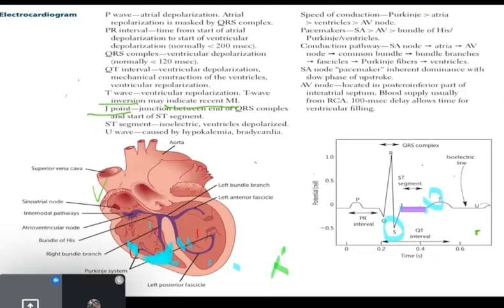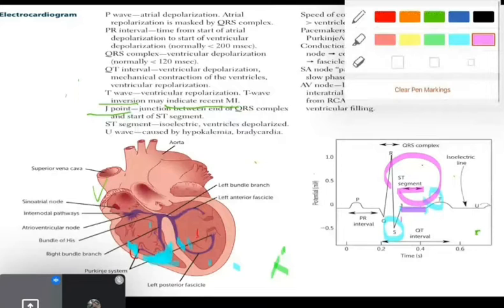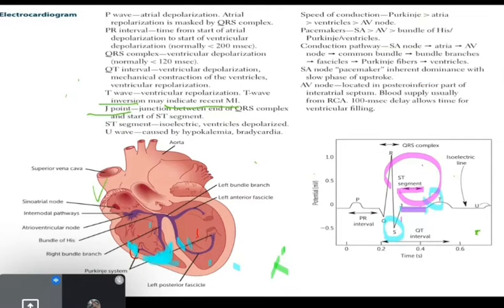This here is the ST segment. The junction between the ST segment and the end of the QRS, which is this point here, the end of the QRS and the beginning of the ST segment, we call J, the junction between the QRS and the ST segment.